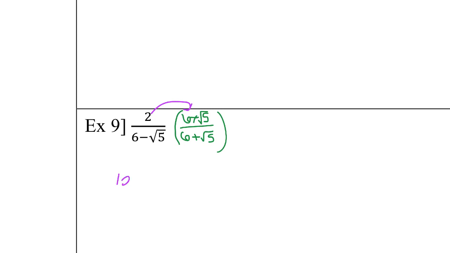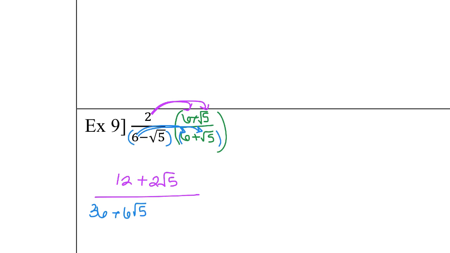Again, the numerator is a simple distribution. 2 times 6 makes 12. 2 times the square root of 5 makes 2 square roots of 5. The denominator is going to be a double distribution because we have 2 terms times 2 terms. So 6 times 6 makes 36. 6 times the square root of 5 makes 6 square roots of 5.